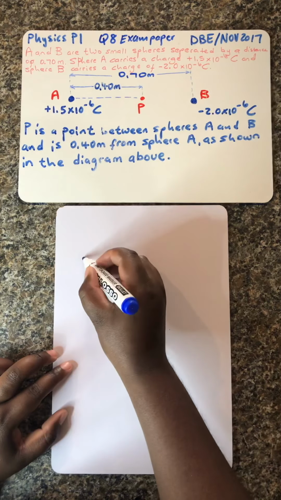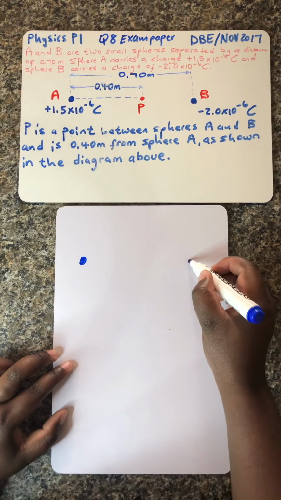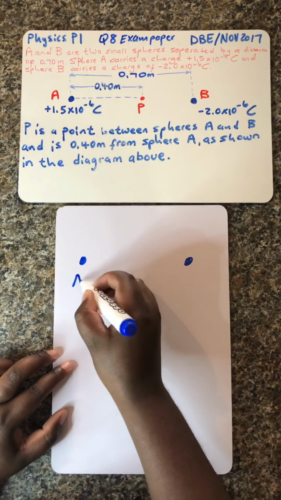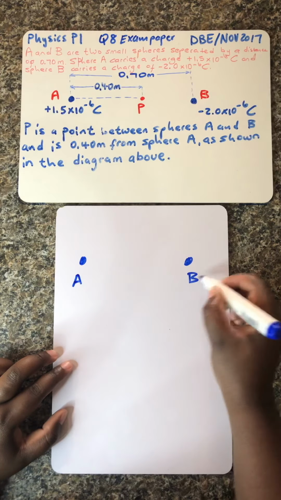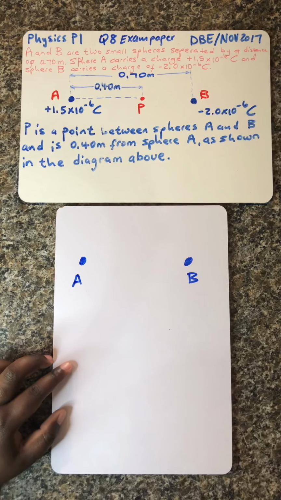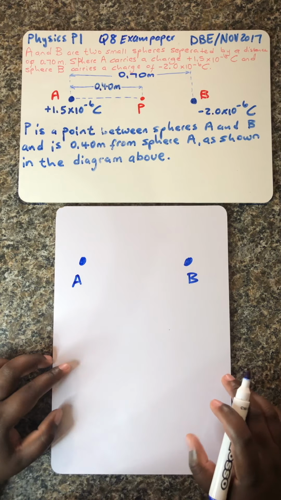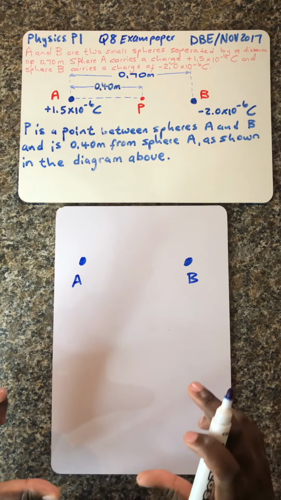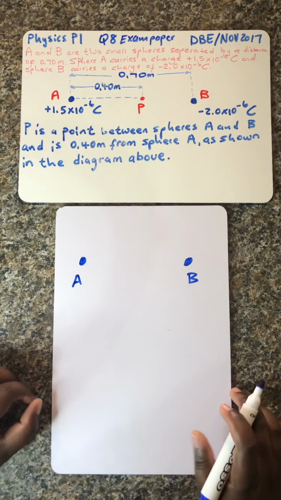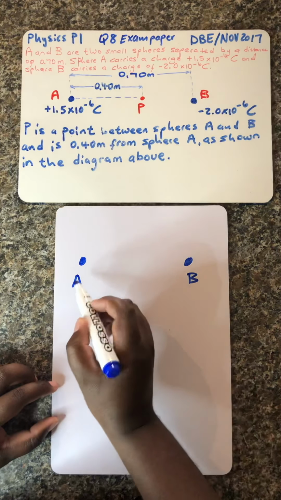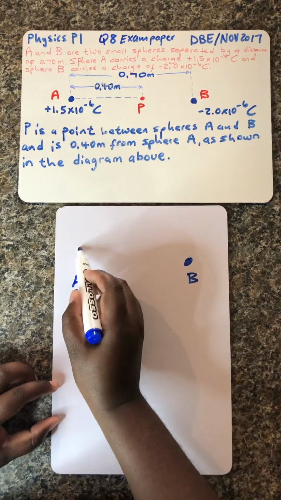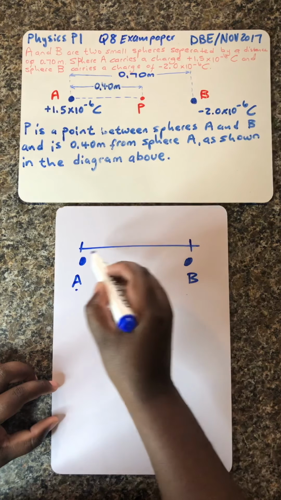So you'd have A and B. I'm just drawing this so that you've got an idea of how to interpret the given statement, and how it follows in terms of drawing that diagram, because there are steps which were followed to draw that diagram.